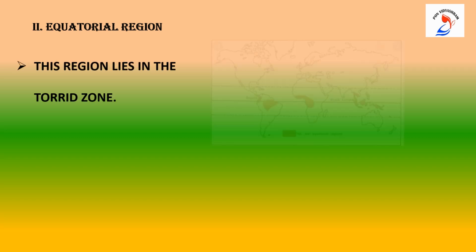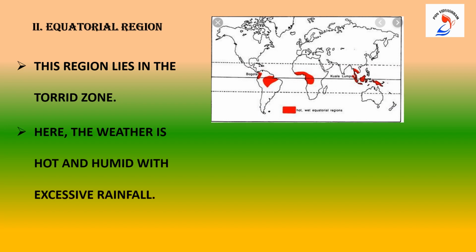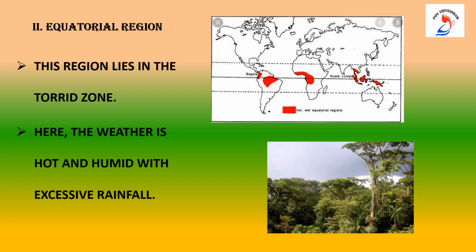The second region is equatorial region. This region lies in the torrid zone. Here, the weather is hot and humid with excessive rainfall.